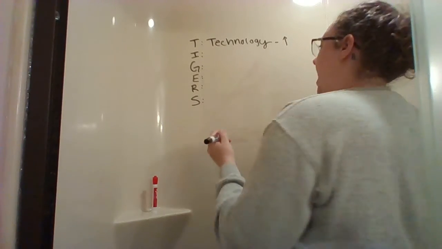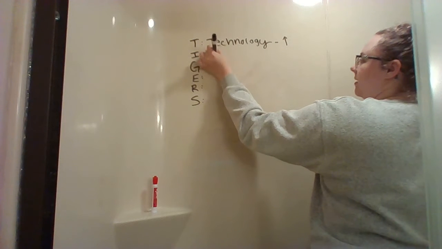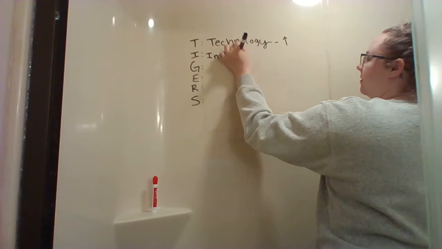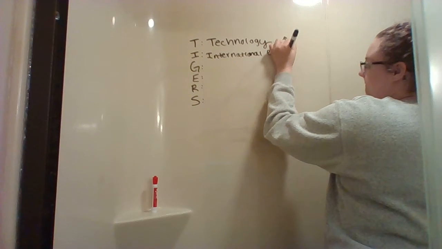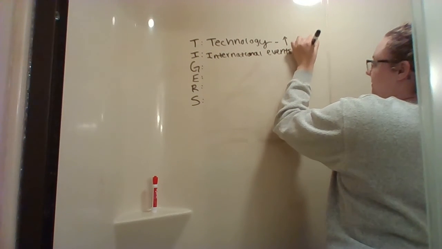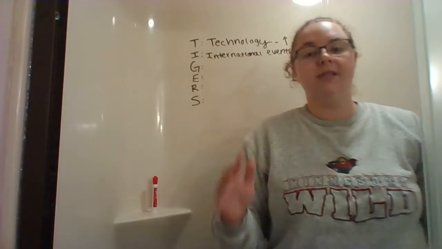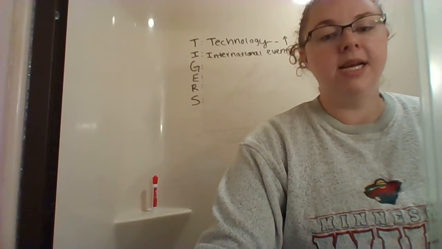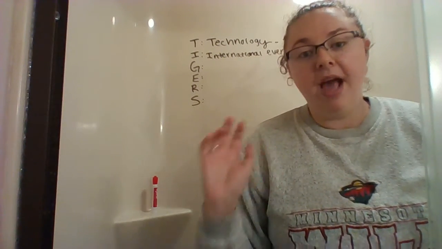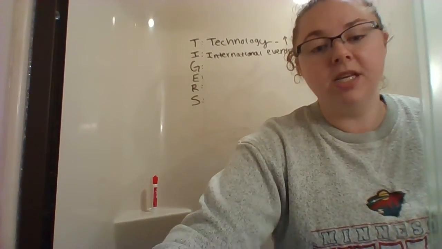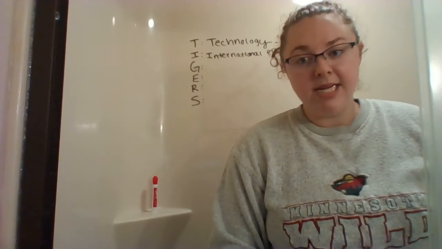The next one, I, is international events and disasters. If something were to happen that would cause something awful to happen, the other thing with this is it usually only decreases the supply.